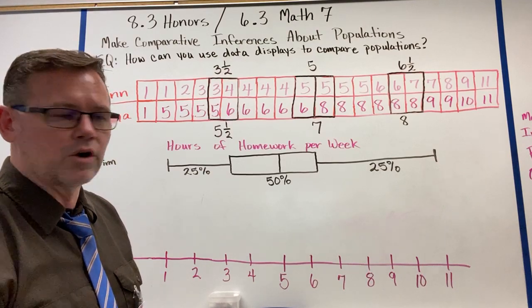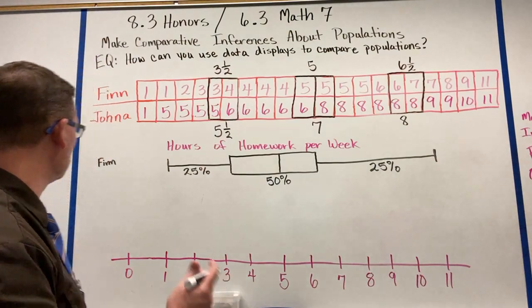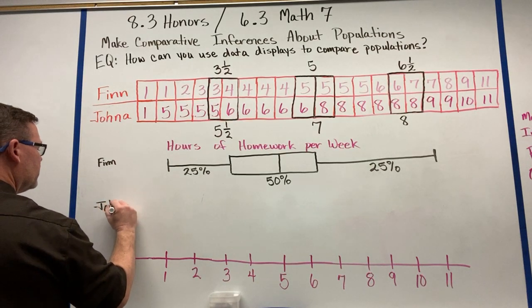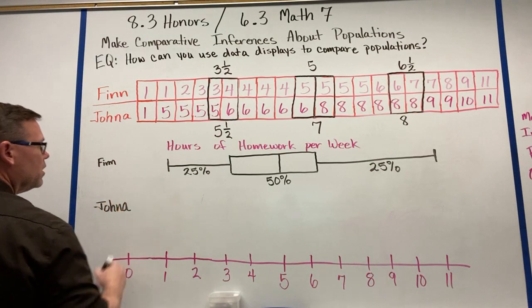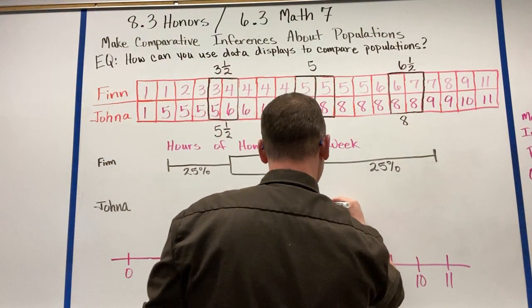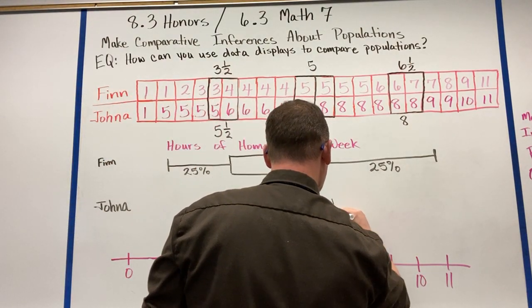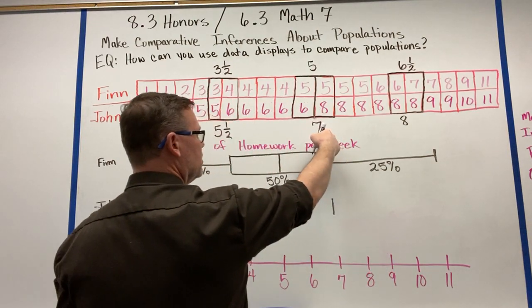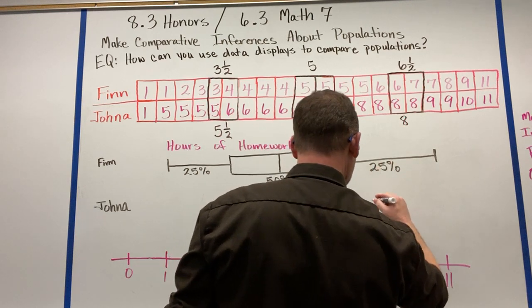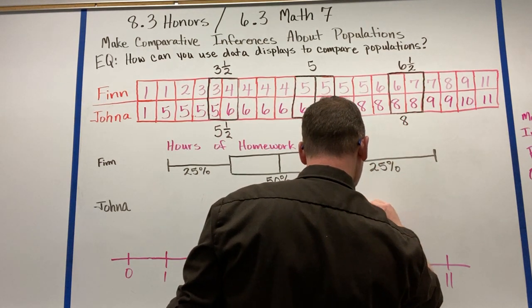Now we're going to go through and graph Jonas. We look, and the median is actually at 7. So I'm going to draw a line at the median. See, that's 7. We've got the upper quartile median, which is 8.